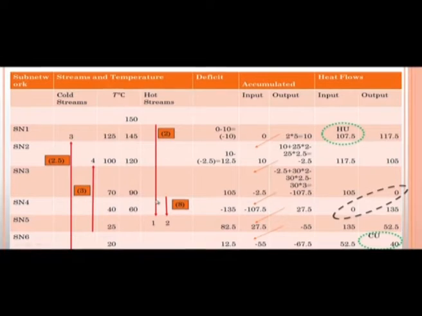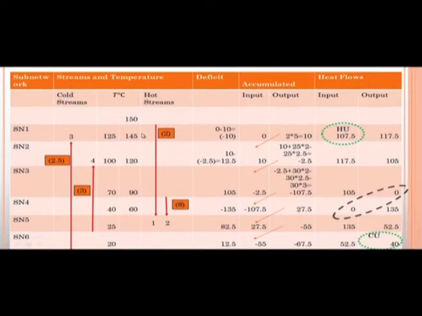Then we reach the supply temperature of a cold stream, that is 70 degree Celsius, and then that is 90 degree Celsius. So, if it is 90 degree Celsius, then the cold side temperature will be 20 degrees less than that, it will be 70 degree. So, similarly all the other temperature values we will get.